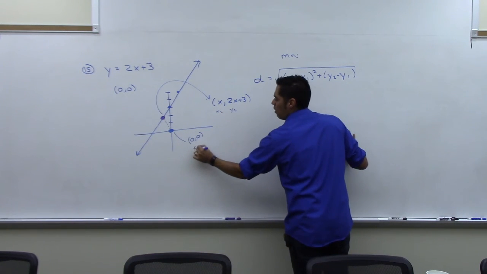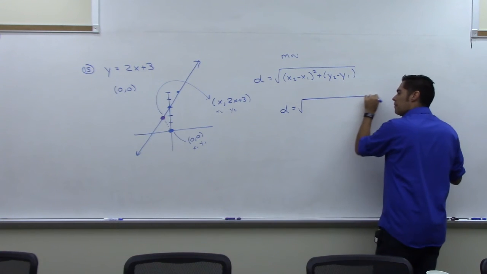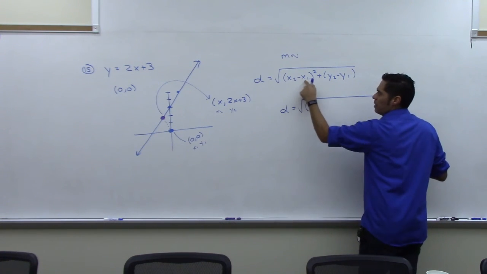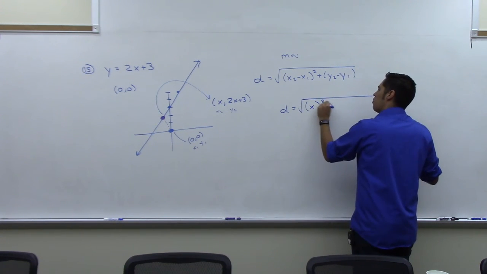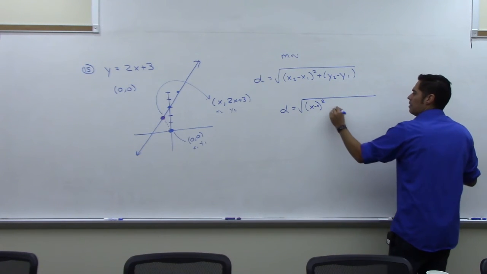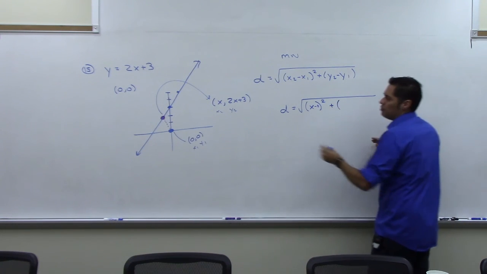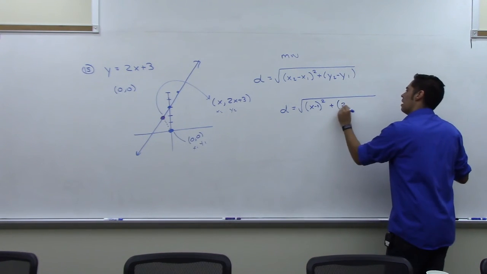This was my x1, y1. So I come back to this formula, my distance should be x2 minus x1, that's just x, and then squared. That's really x minus 0, but I didn't write it. Plus y2, which is 2x plus 3, take away y1, so 0. So this is just 2x plus 3 squared.